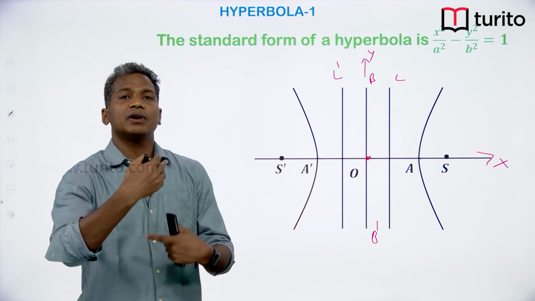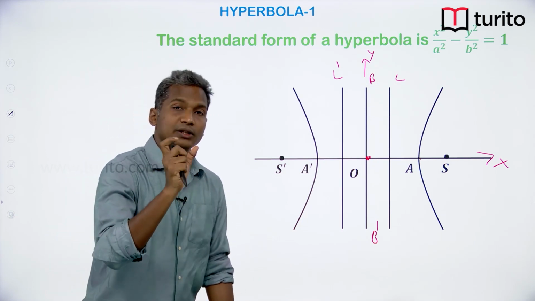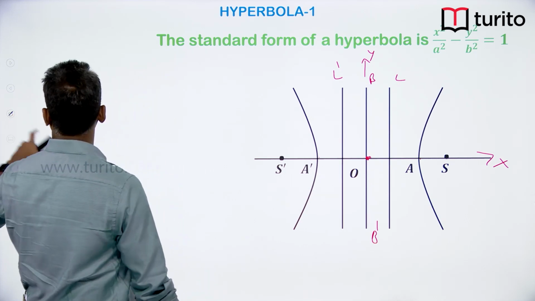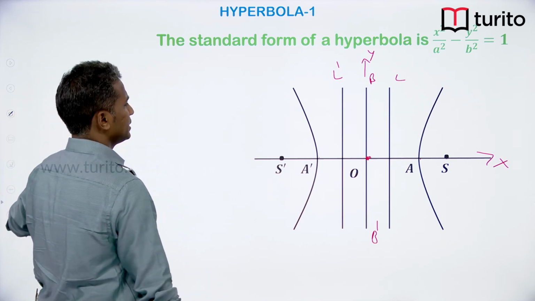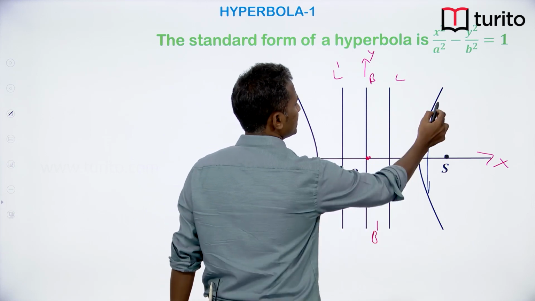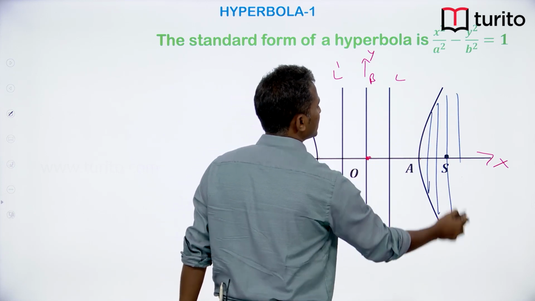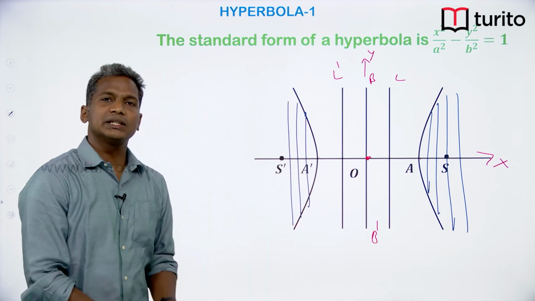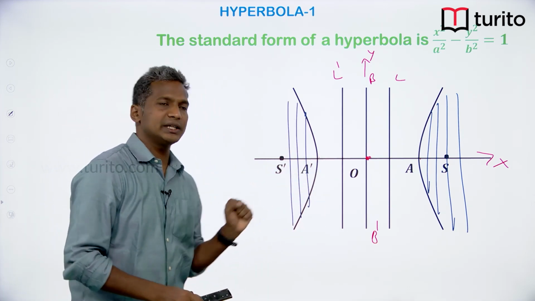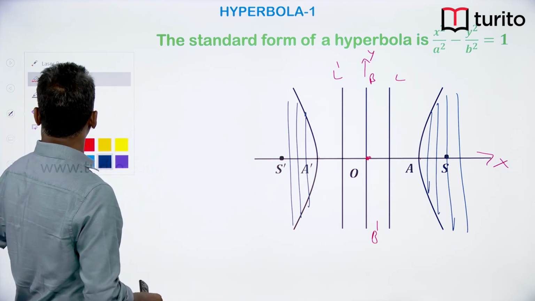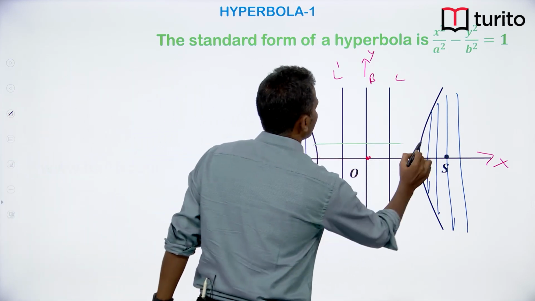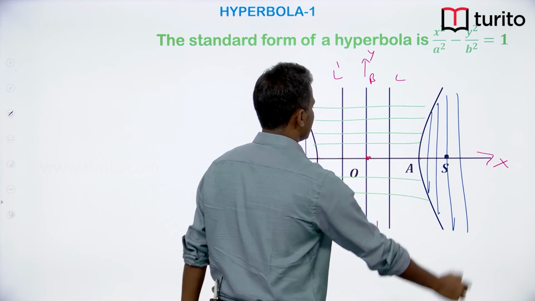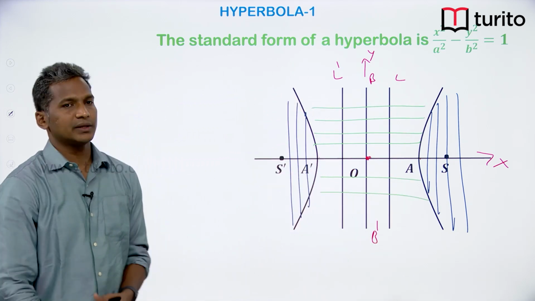Now, we also have other special chords which are double ordinates and double abscissa. So, what are the double ordinates here? All these lines which are chords and which are perpendicular to the transverse axis are called the double ordinates, and all the chords which are parallel to the transverse axis or perpendicular to the y axis are called the double abscissa.